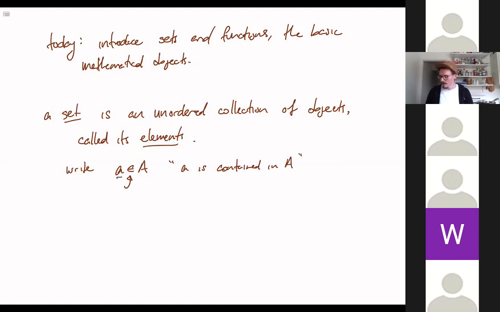So little a is an element of the set big A. This thing is a set, which is traditionally denoted by an uppercase letter.